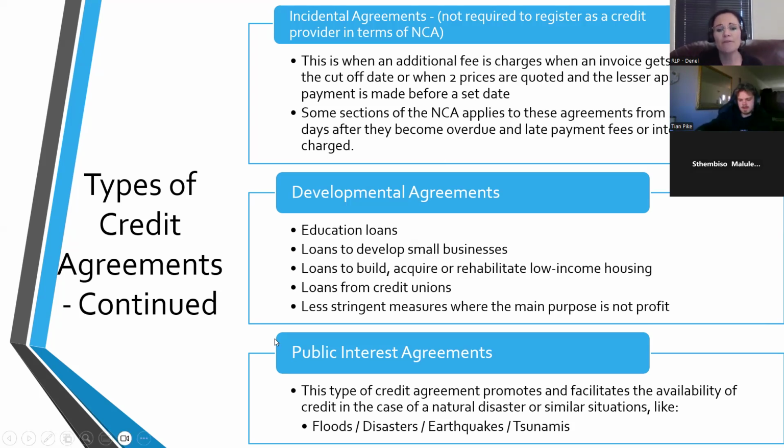And then the last one, public interest agreements. This is the type of credit that we have available to promote and facilitate credit in the scenario of a natural disaster or a similar situation. They give us examples of floods, disasters, earthquakes, and tsunamis. They are not referring to when your house floods. That's why you have insurance.